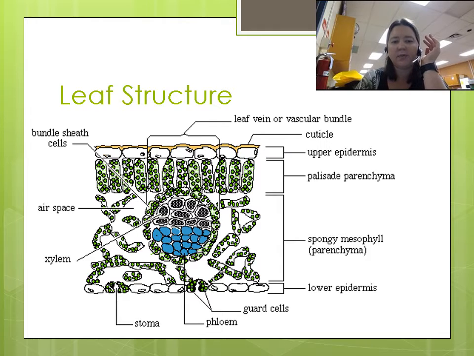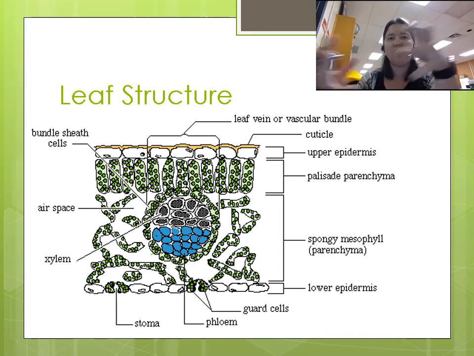So these are the holes for gas exchange. So this is where CO2 and O2 come in and out, and in some cases some water vapor as well. Guard cells just basically make sure the stoma are open or closed, depending on what it wants at the time.